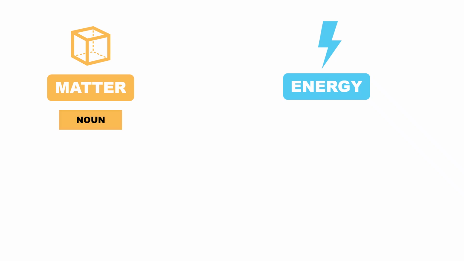So, in English and in the world, in the universe, there is matter and there is energy. The world has matter and energy. It has both. In English, matter is something like a noun. Energy are verbs.